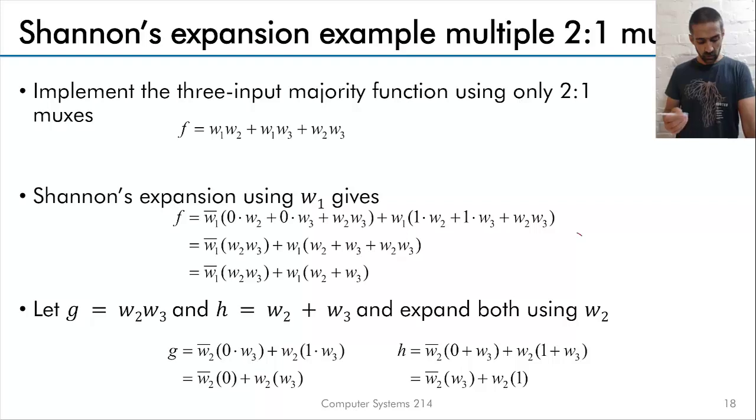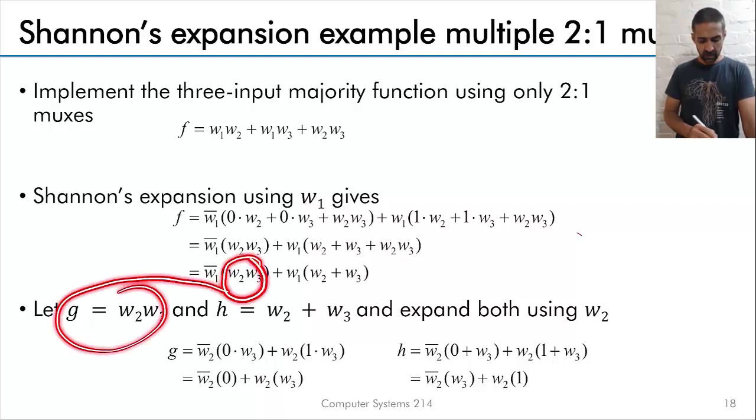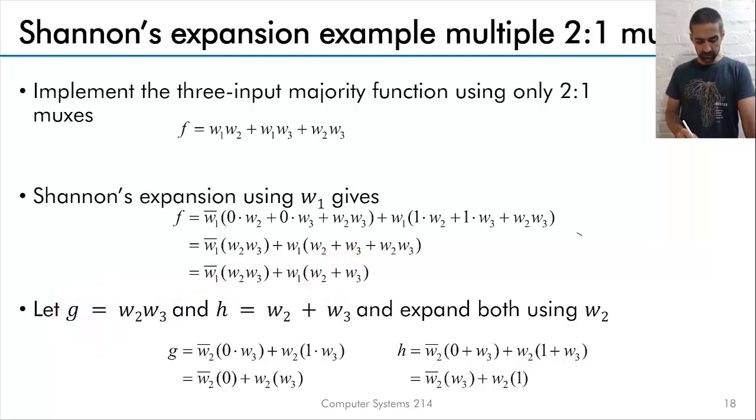So what do we do? Well, the simple thing is you just say, let's make this equal to G. Let's make this equal to H. And therefore, we can use Shannon's expansion theorem on G and H. So just keep your wits about you when you do this, because typically this is where you make mistakes. G is equal to, and then we take out one of the variables. In this case, we're doing W2.